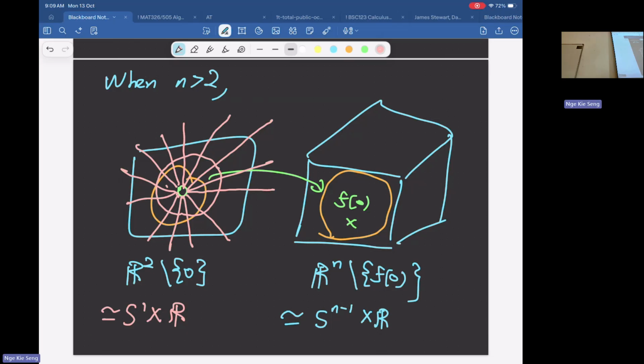Maybe I can open it up, open it downward. Can you imagine?